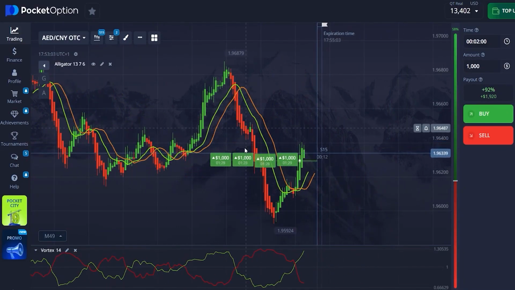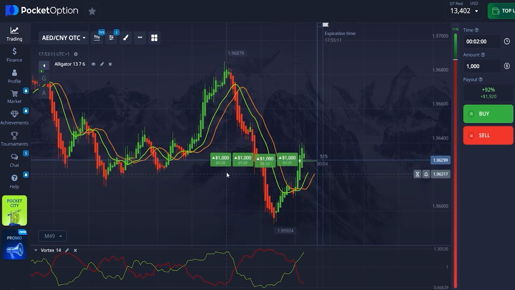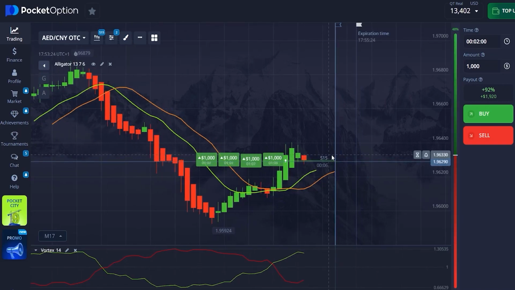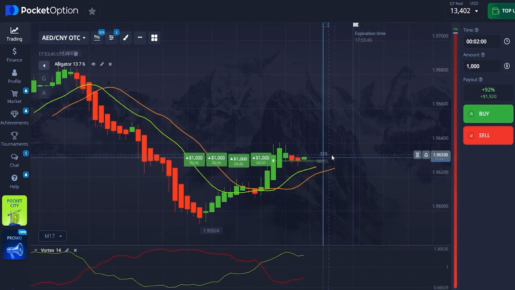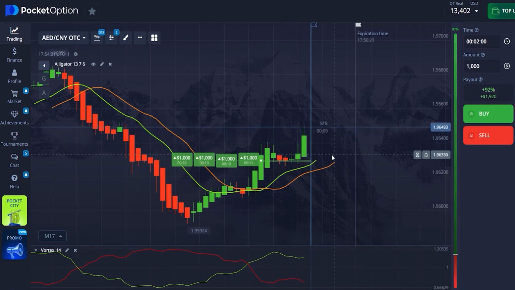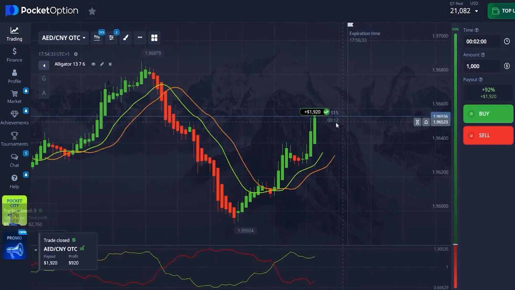I have to see a direct move of the market and also a pullback as a form of reversal, confirming it with my indicators to give me an entry level. Alright, at this point I make another win.